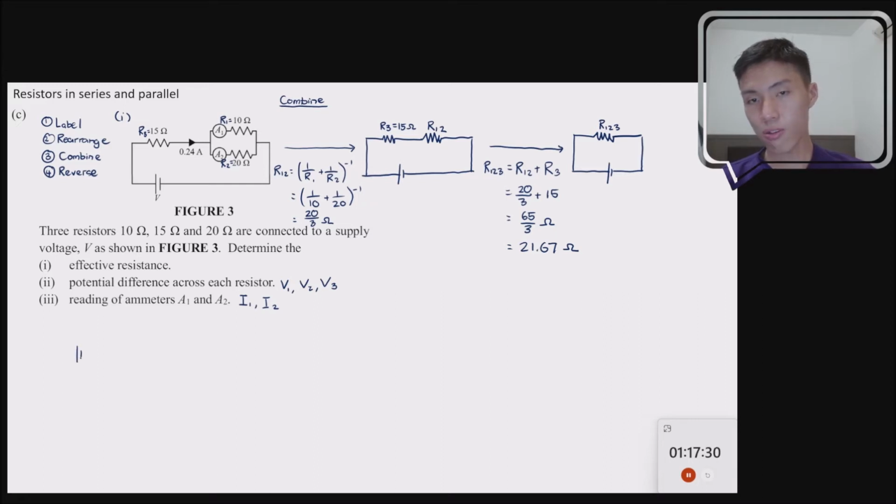So reverse, starting from the rightmost diagram, R123, reverse backward.